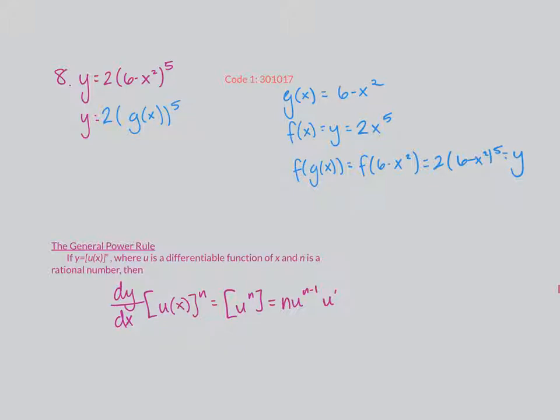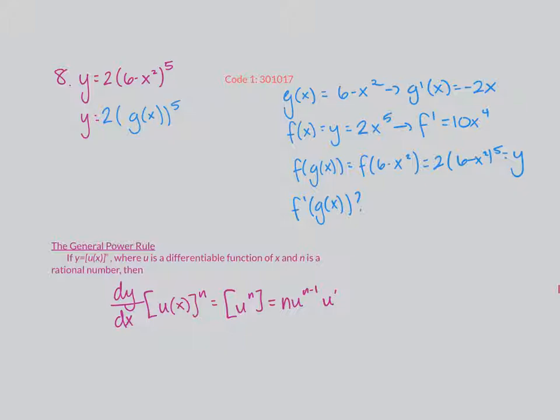Okay, so then we're going to follow our formula. It says that the derivative of this type of function is the derivative of the outside function composed with the inside function times the derivative of the inside function. So first we need to find the derivatives. So f prime is going to be 10x to the fourth, and g prime will be negative 2x. The last thing we need to find is what is f prime of g of x, right?